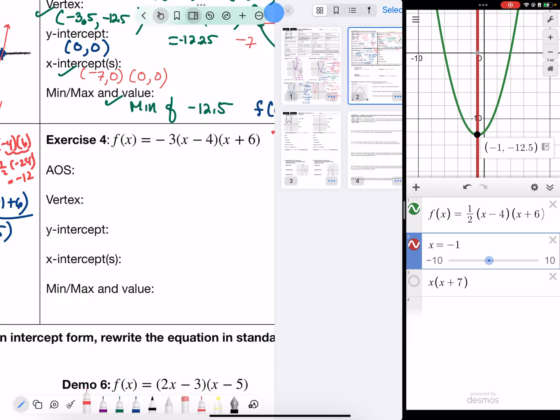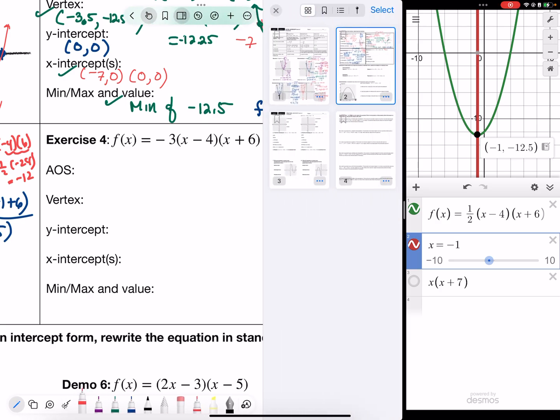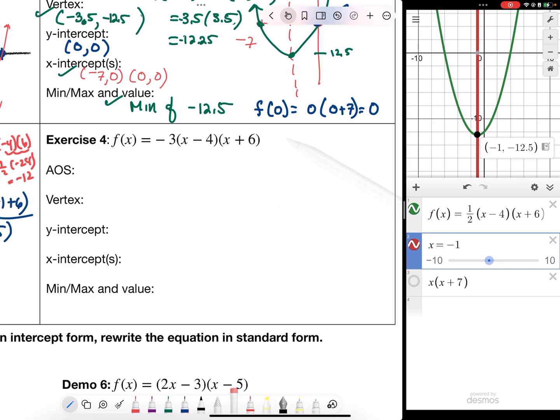All right. Now here comes how to solve it. I'm going to grab my x-intercepts here. X is 4. X is -6. I'll find the middle of my two values.